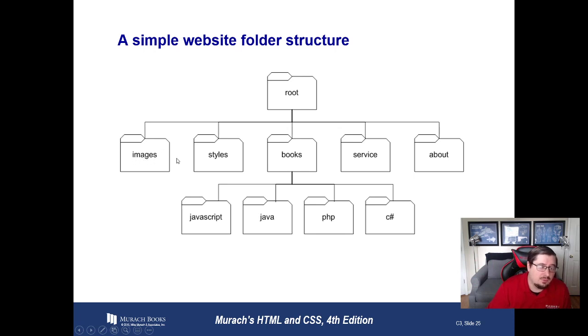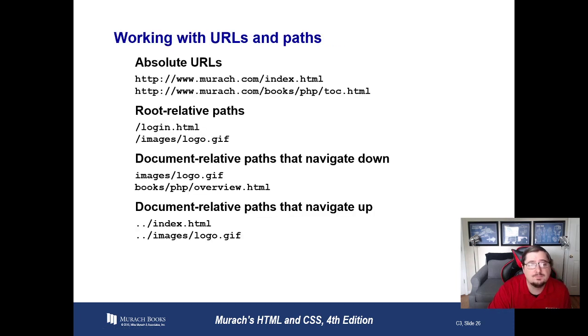Then beneath that, we have a few different folders. We have images, styles, books, service, and about. We'll notice inside of books that they have a bunch of other folders. Inside of books, they're creating a folder for each book that they sell. So they've got a JavaScript folder, a Java folder, a PHP folder, a C# folder, etc. Okay.